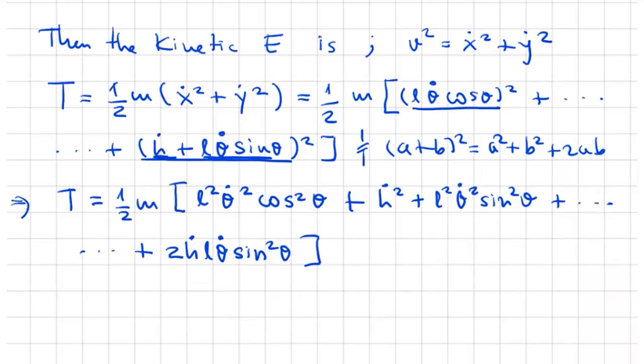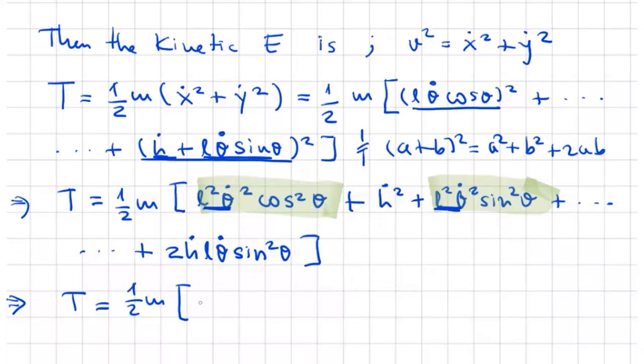All right, let's keep going. Then we have the following. We are going to get these two terms, this one and this one, and we are going to put them together and take common factor L squared theta dot squared, like this. These two terms, 1/2 of the mass. Okay, these and these are equal, right?